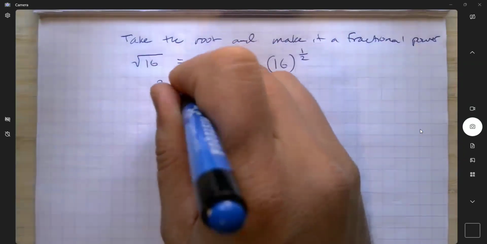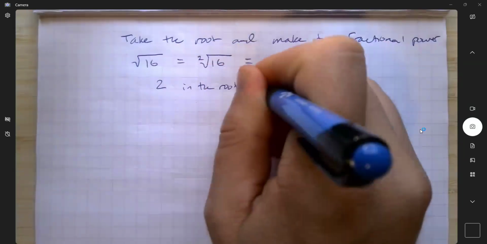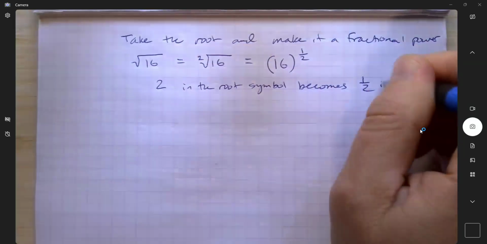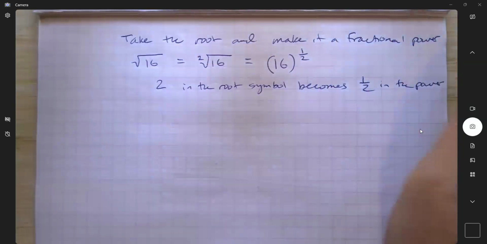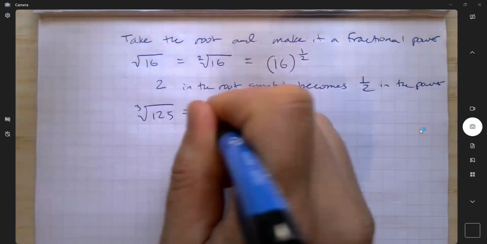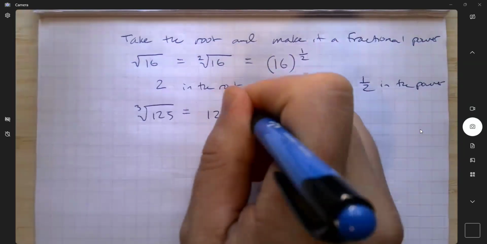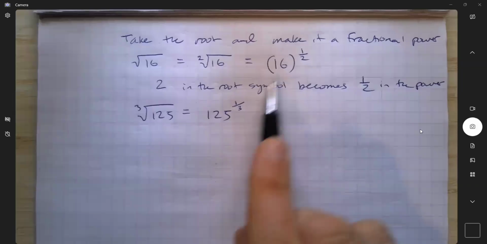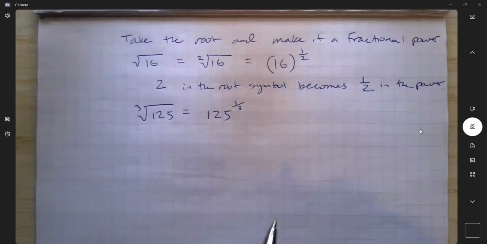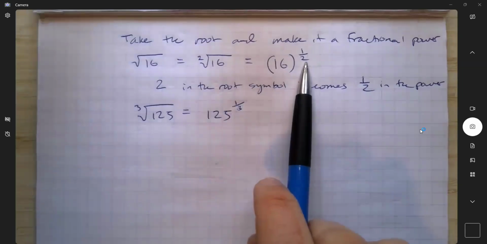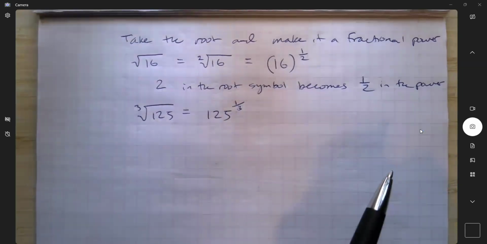So the 2 in the root symbol becomes 1/2 in the power. If I have the cube root of 125, I can write that as 125 to the 1/3. I don't always put parentheses around the base, but sometimes it helps, especially with fractional powers. And as soon as we write roots using these fractional powers, they will follow all the other rules of exponentials.